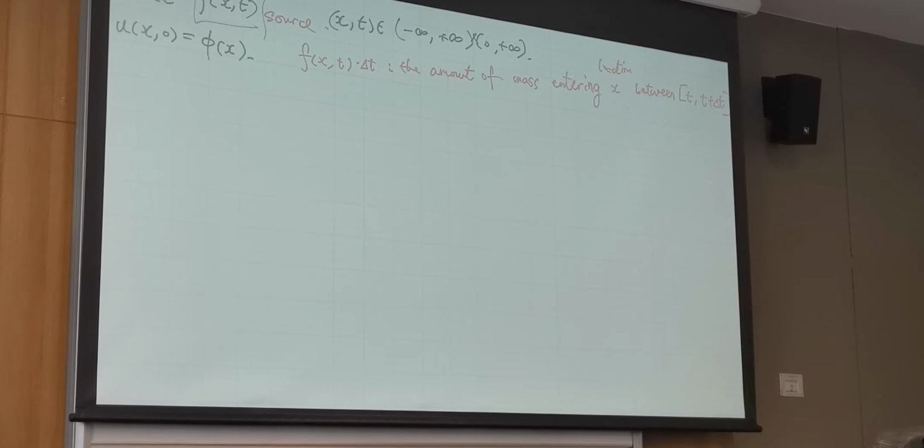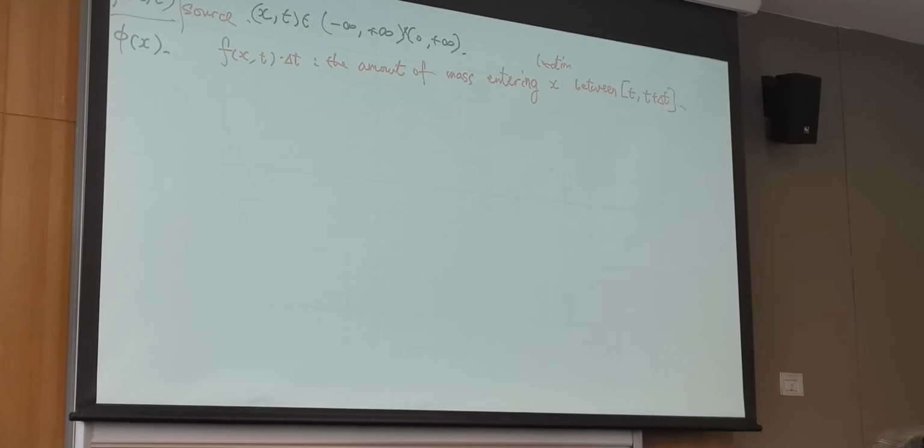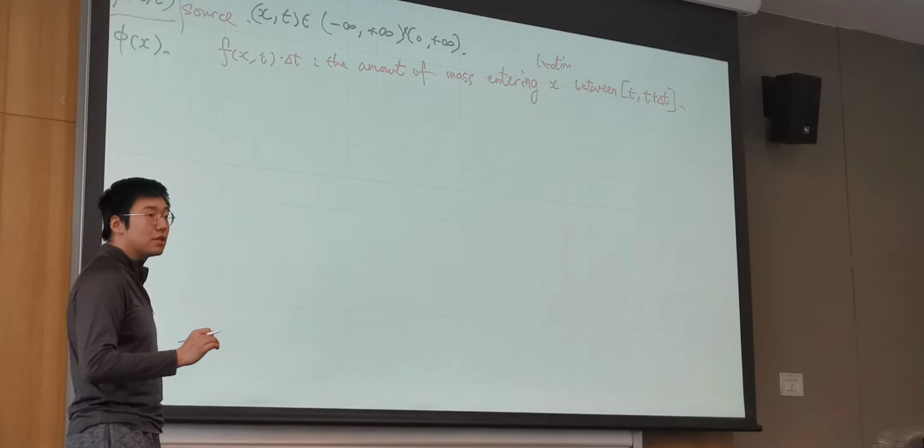So f(x,t) times delta t can be interpreted as the mass entering the system at location x between the time point t and t plus delta t.